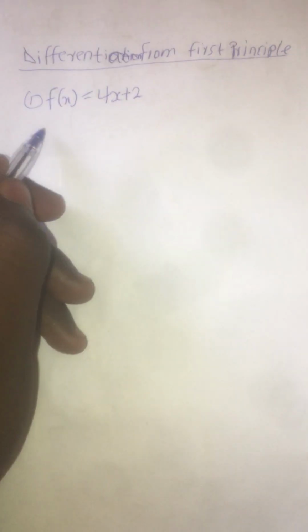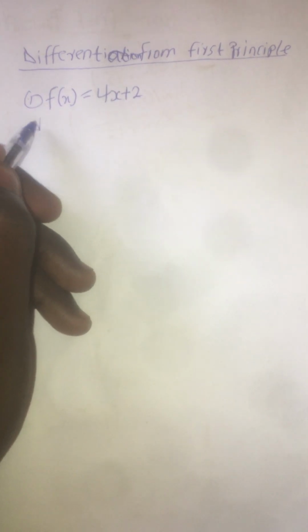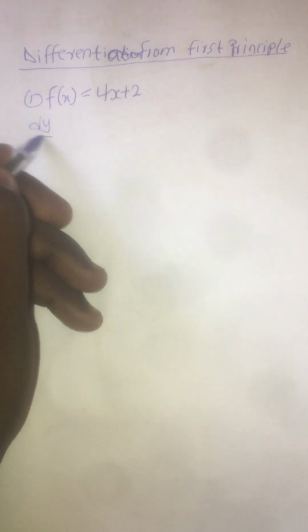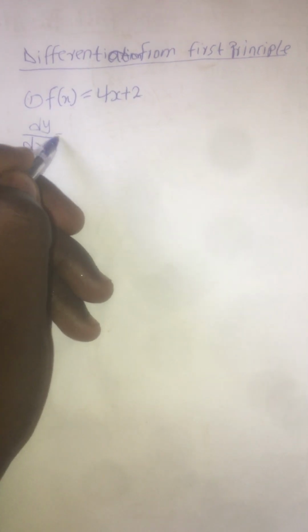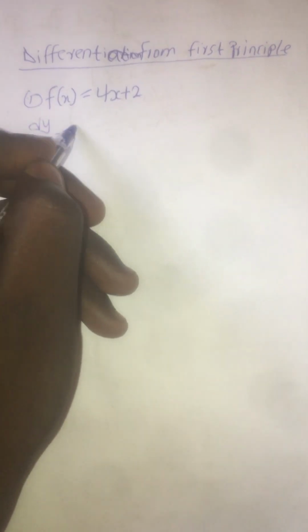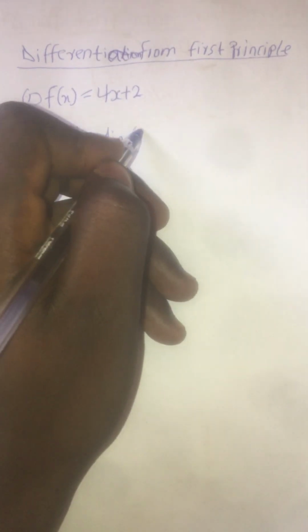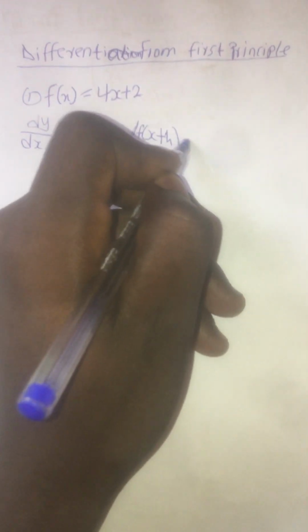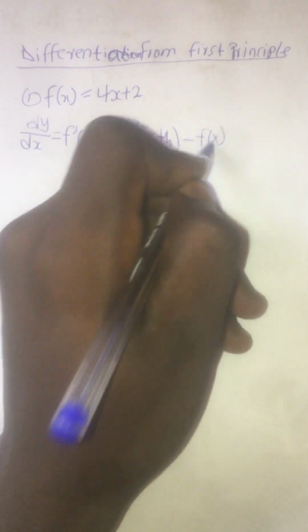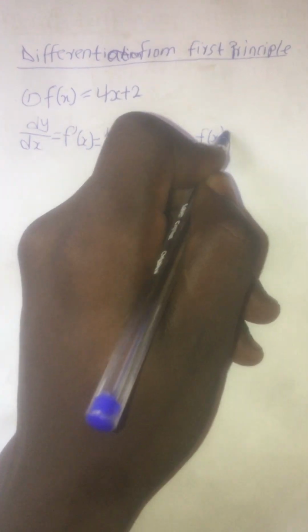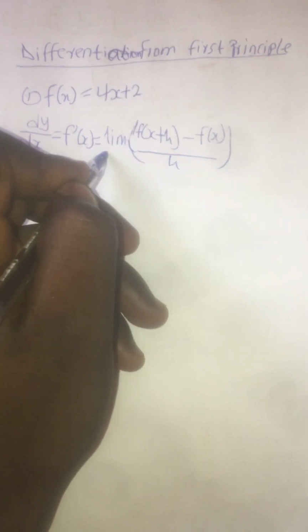Alright. So from differentiation from first principle, we have the formula: dy over dx is equal to f prime of x, which is equal to the limit of f of x plus h minus f of x, all over h, as h approaches 0.